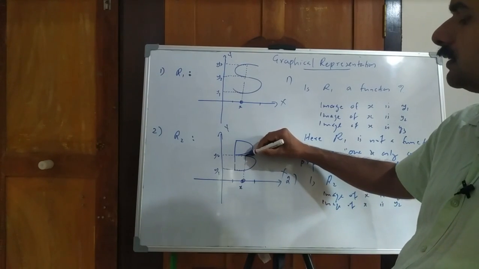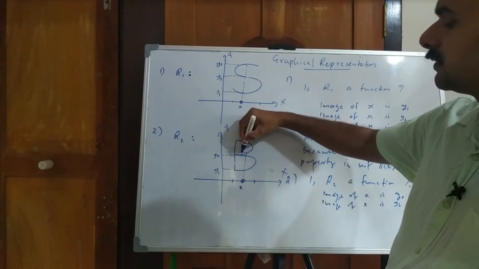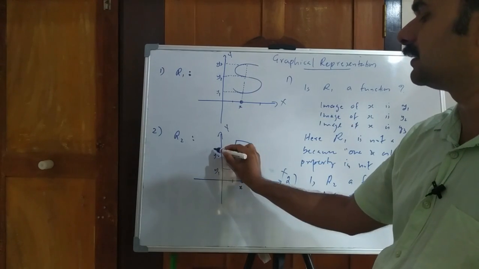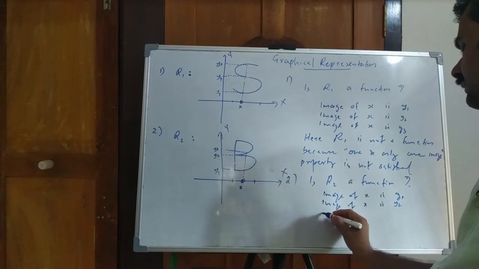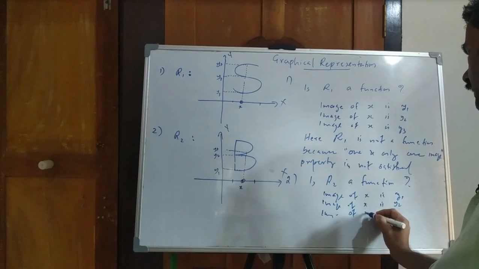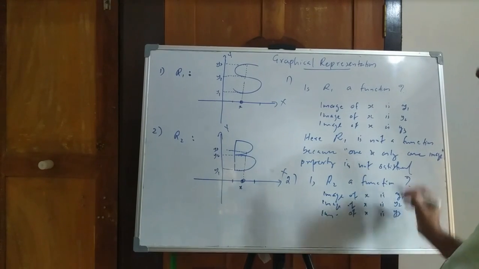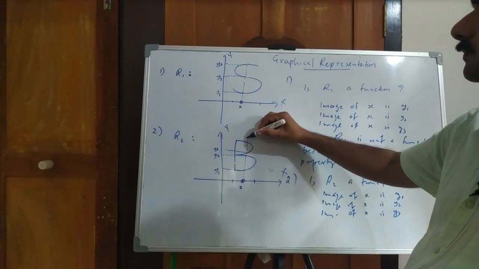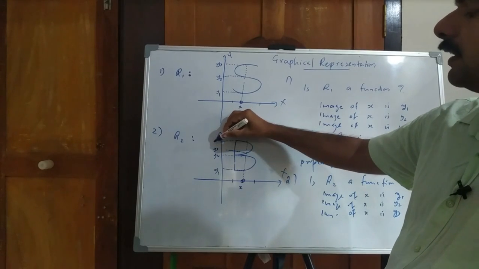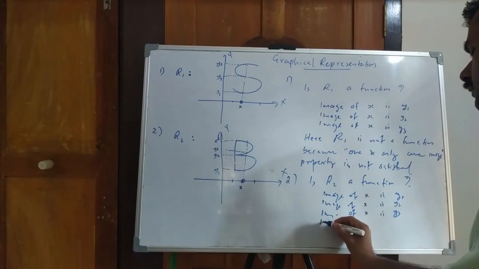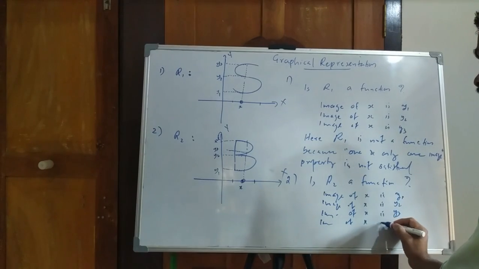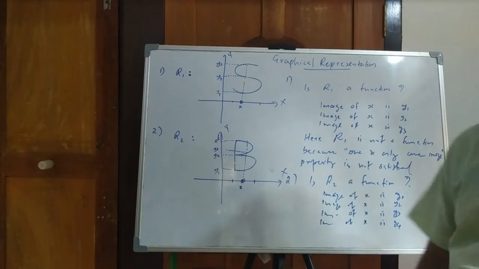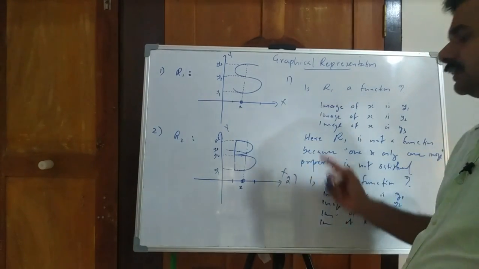Similarly, here y3, image of x is y3. Again y4, image of x is y4. This means what?